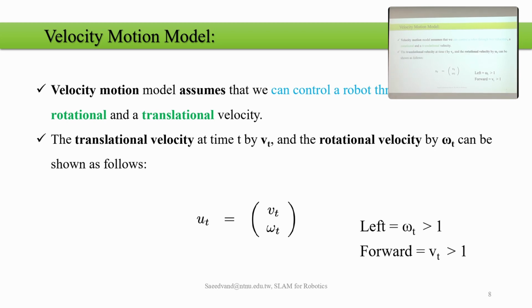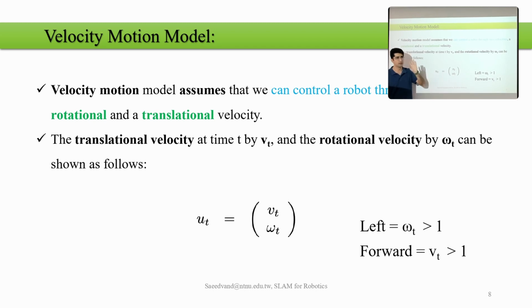The translational velocity at time t we can show by vt, and the rotational velocity we will show with wt. The control command ut is equal to vt and wt, translational and rotational.